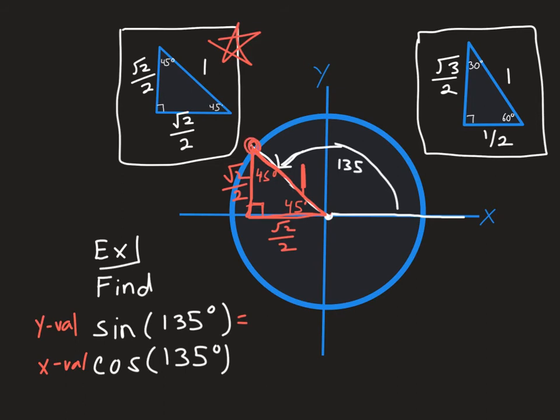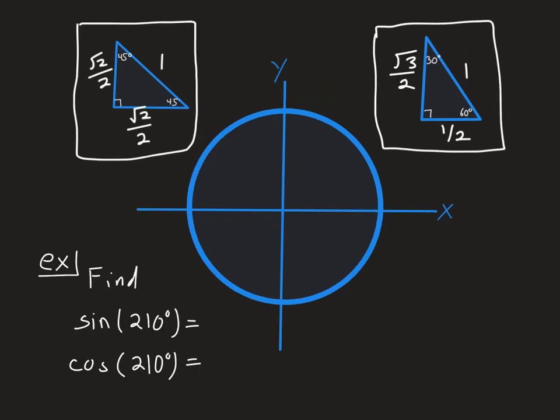So I'm really just finding this coordinate right here. We could even write it out first. So the x direction is moving to the left, so that's negative root 2 over 2. And the y value is moving up, so that's positive root 2 over 2. So my x value is the cosine, so that's going to be negative root 2 over 2. And then the y value is the sine, so that's going to be positive root 2 over 2.